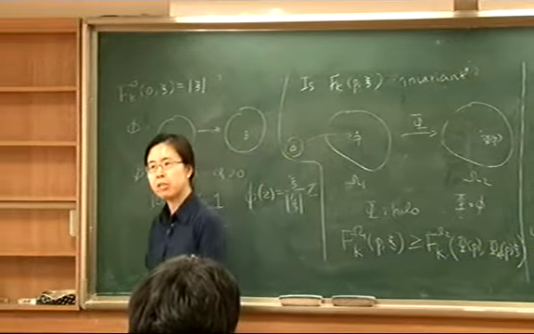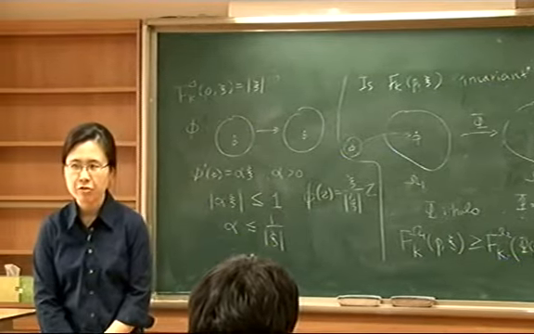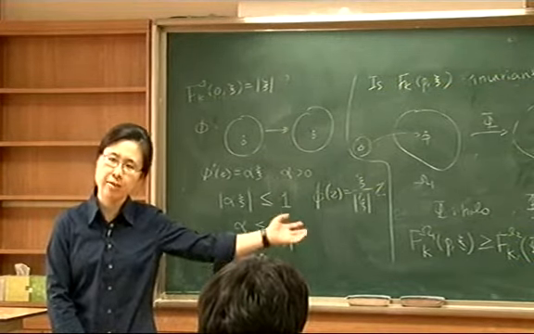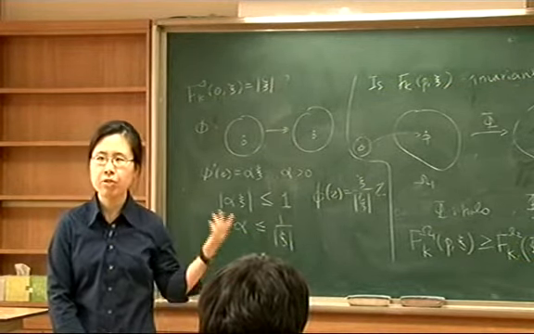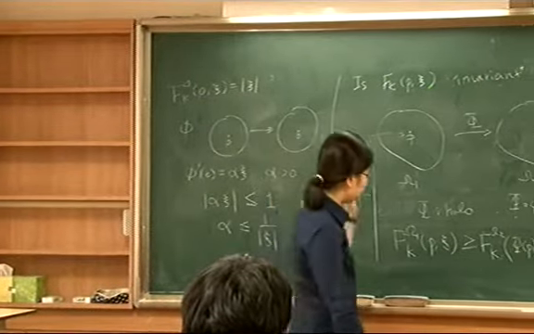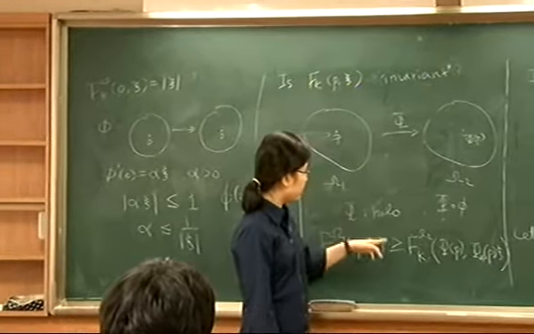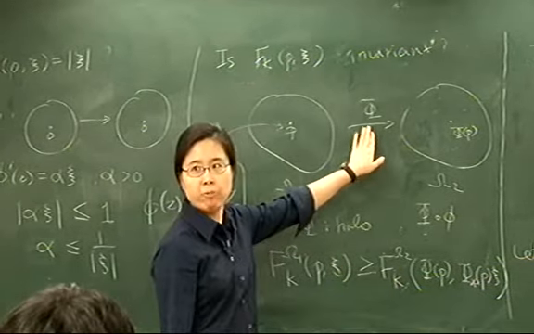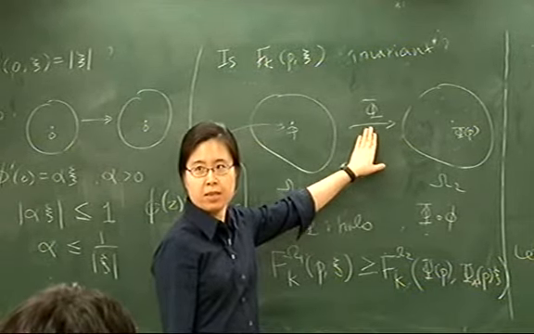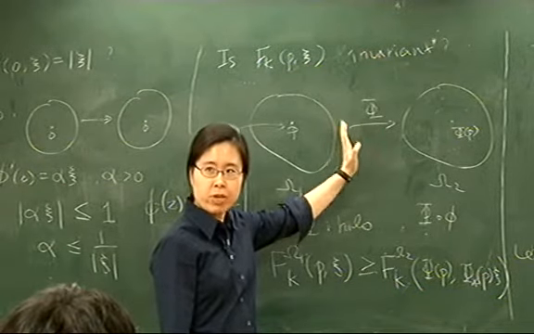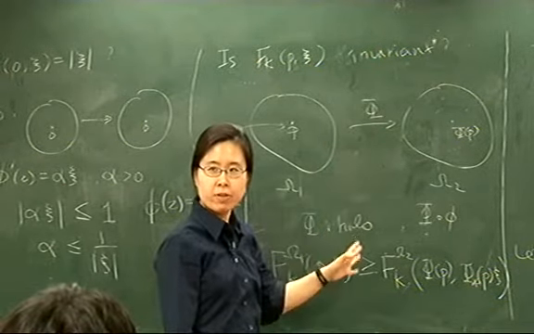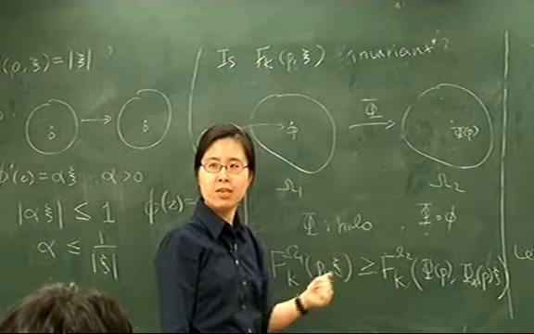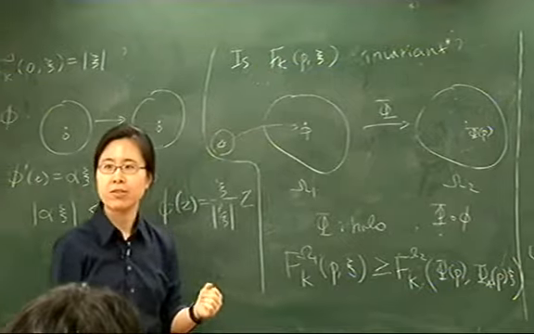Well, if φ is biholomorphic, then it should be. But if it's just a holomorphic mapping, then this inequality is just fine. But when we say it is invariant, we have equality when φ is a biholomorphic mapping. So we have an inequality for holomorphic mappings. If it's a biholomorphic mapping, we have inequality in both directions, hence we have equality.